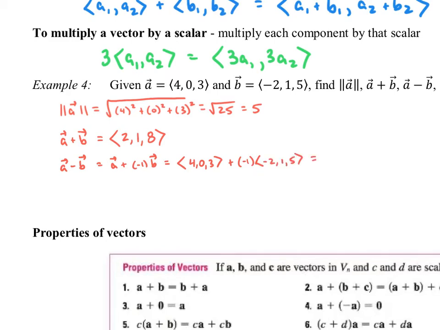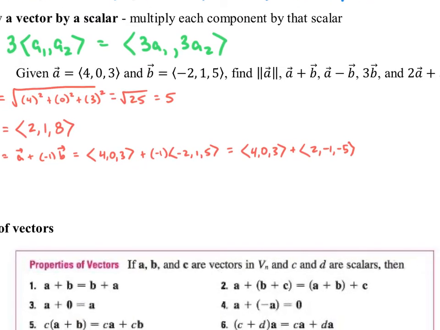So if we were to break down every element of this, it is A plus negative B, which is going to be 2, negative 1, and negative 5. All right, and then if we add these up, what we get is the vector 6, negative 1, and negative 2.